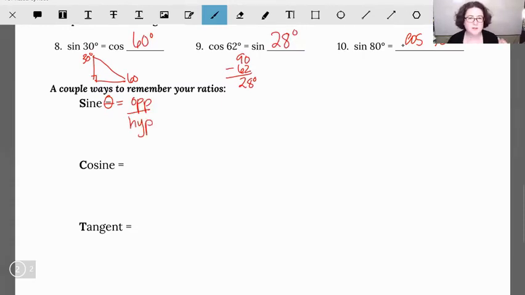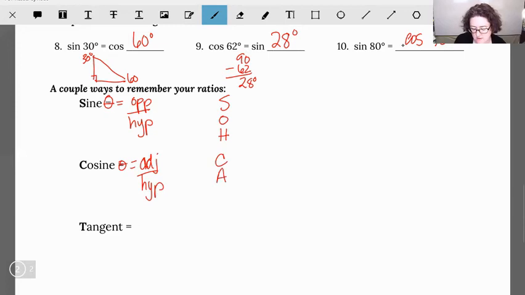Cosine of an angle is adjacent over hypotenuse. And tangent of an angle is opposite over adjacent.